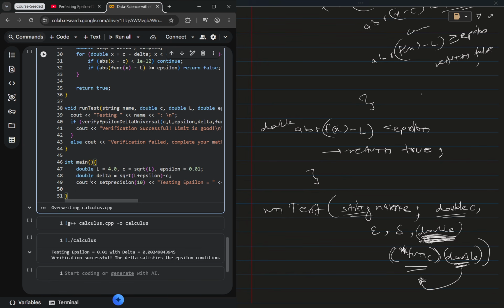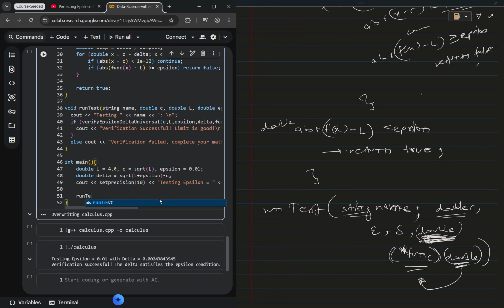So we have this cout, set precision and all, and then we can just run the test. Run test. Let's say we have our standard function. The standard function for square, for x to the power n, let's say.